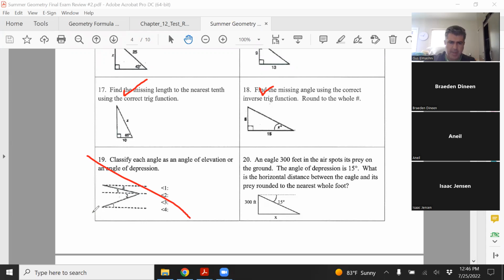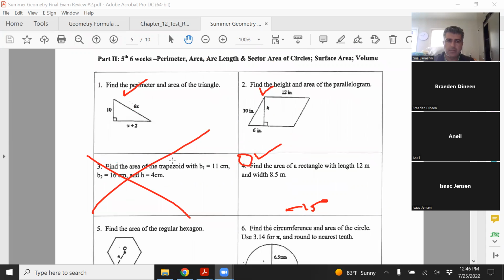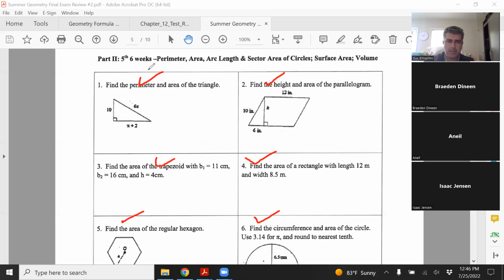Don't worry about 19, it's kind of weird. But this is a word problem, is fine. That'd be 15 degrees, and use a proper trig formula to work that one out. Yeah, these are all fair. Perimeter and area of these shapes, those are all good problems.